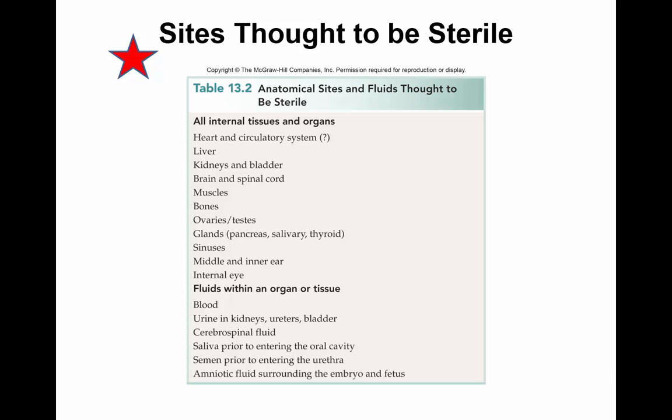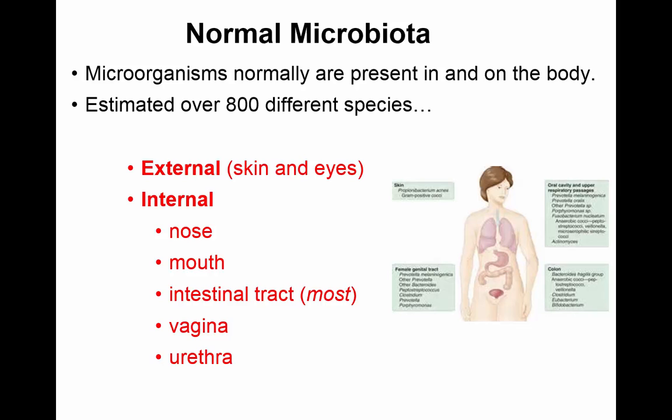Your kidneys, your brain, your bones, your muscles, all of these should be sterile environments, as well as fluids in your organs and tissues like saliva, cerebrospinal fluid, urine. This table also is on page 357 in your textbook.